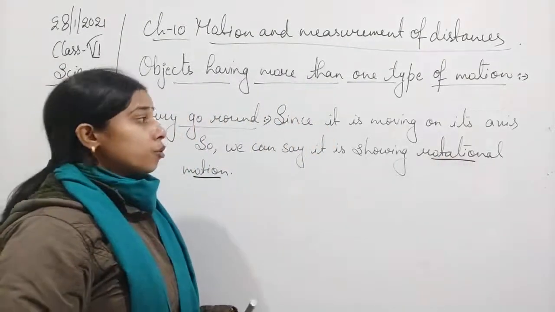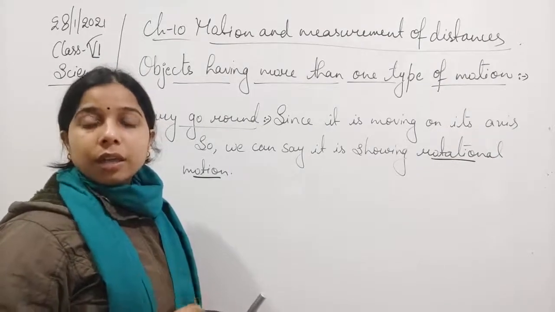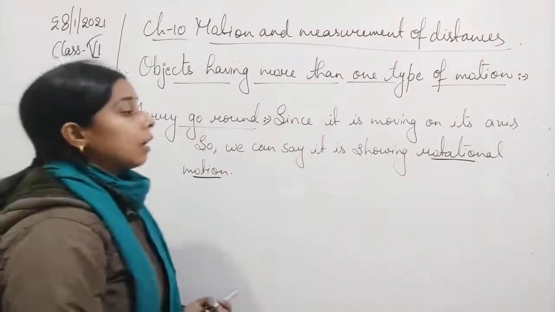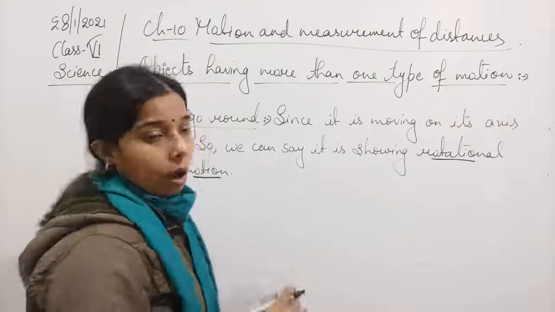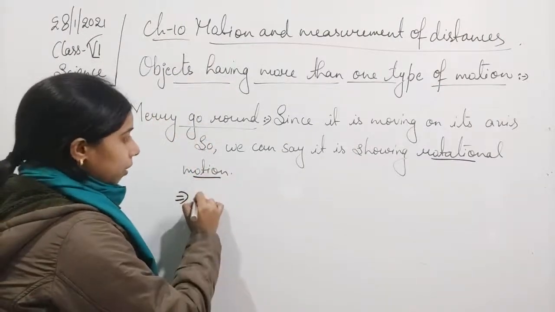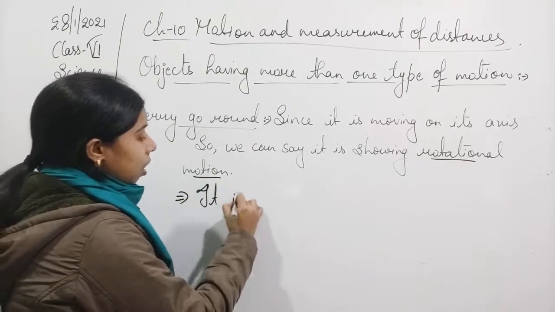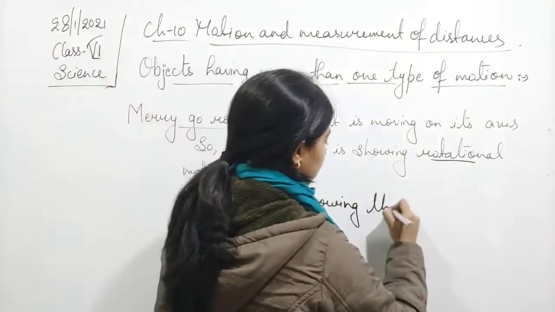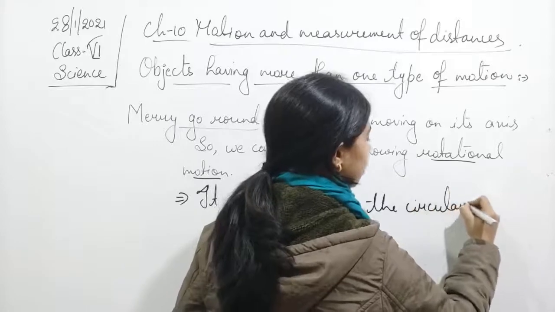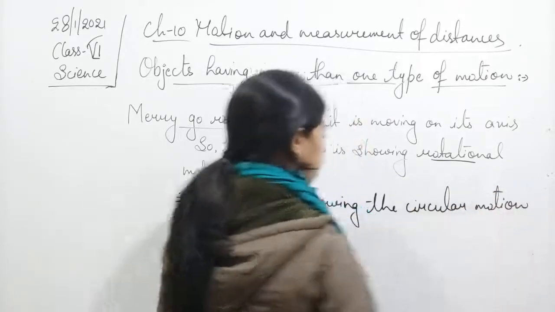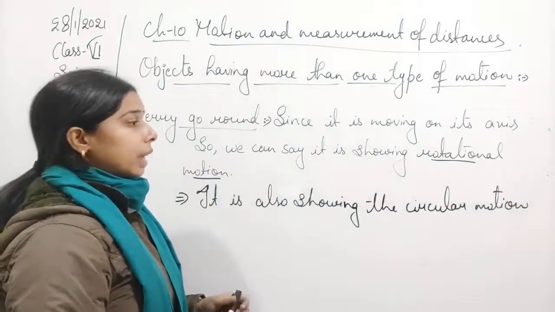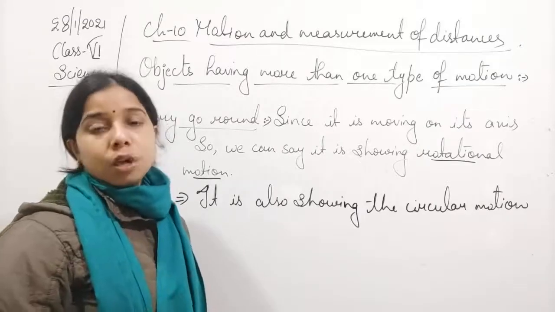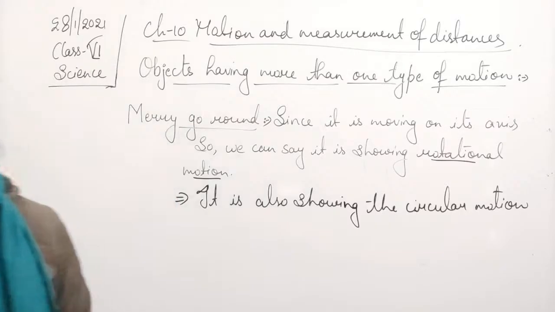Then the second kind of motion: because it is moving in a circle, it is showing circular motion also. It rotates on its axis, and since it is moving in a circle, the kind of motion it is showing is circular motion, students.